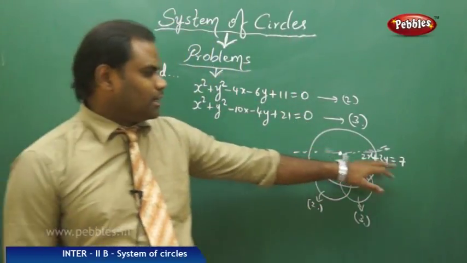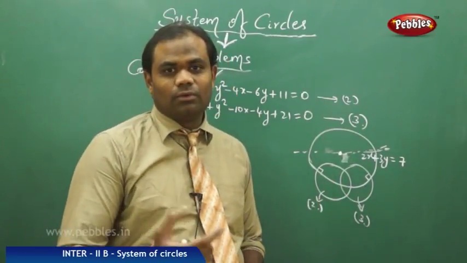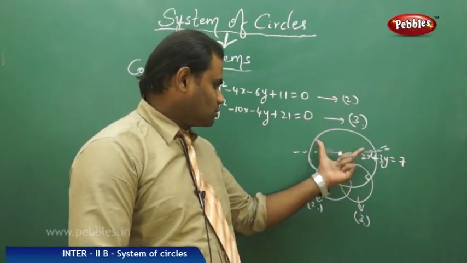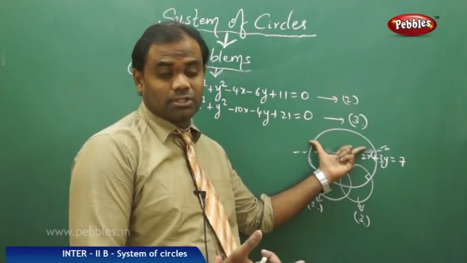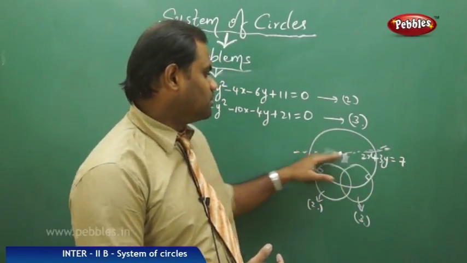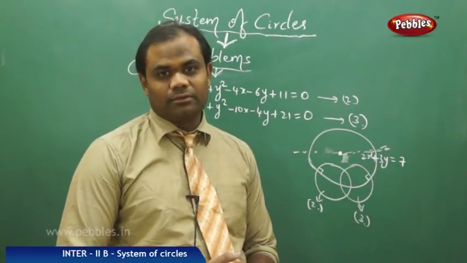So the diameter should lie there. So if I assume these conditions, then we get a picture on how we need to solve this problem. So one is, this is orthogonal to the circle we need to find, and this is orthogonal to this, and the diameter lies on 2x plus 3y equal to 7.